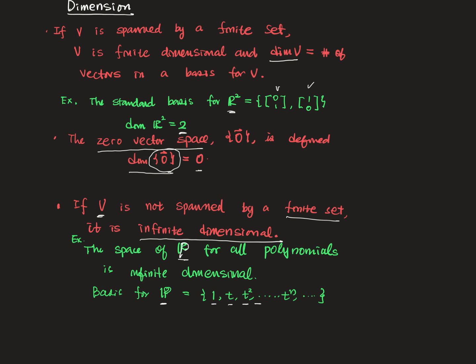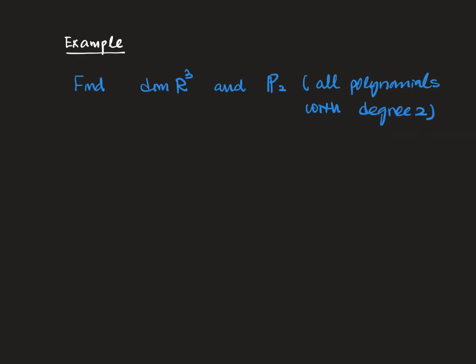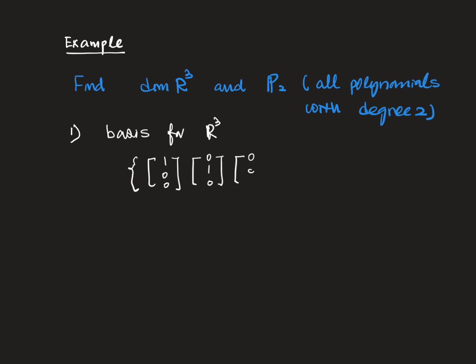All right, let's go further, guys. Let's find the dimension of R3. First, you think about what the base for R3 is. The standard base is (1, 0, 0), (0, 1, 0), (0, 0, 1).